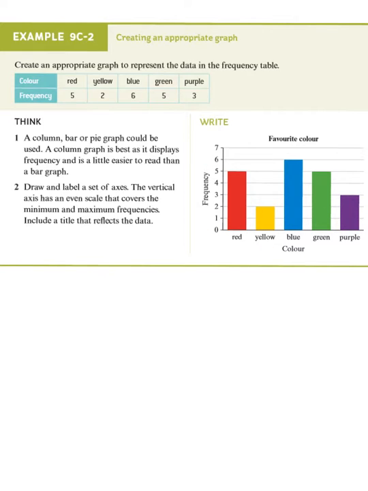The vertical axis has an even scale that covers the minimum to the maximum, from the bottom to the top, your smallest and biggest numbers, and it includes a title. Then red goes up to 5, yellow 2, and so on, and then you just create it. So I want you to go ahead and do the next activity. Cool bananas.